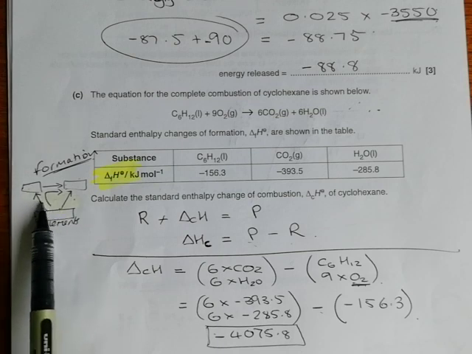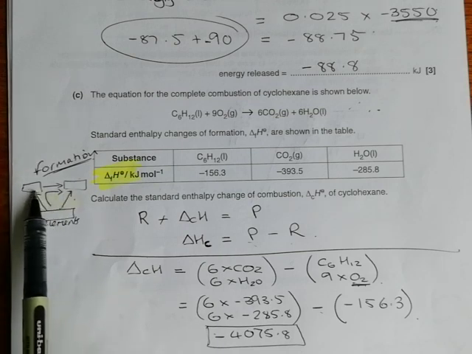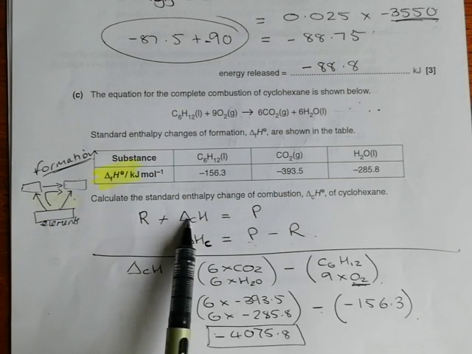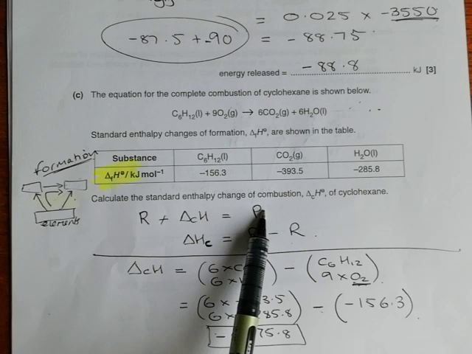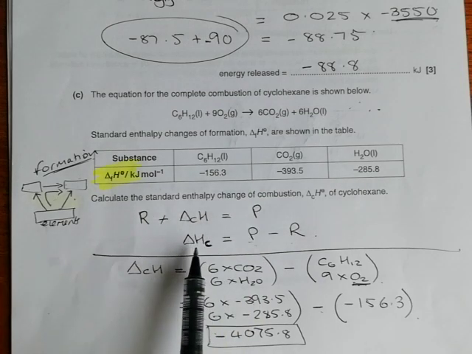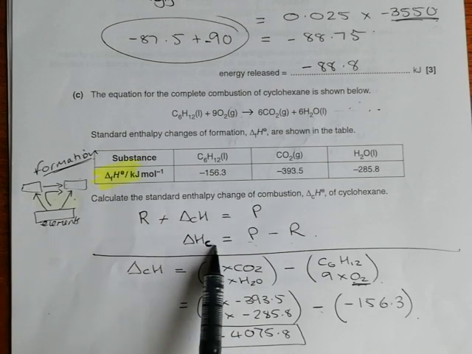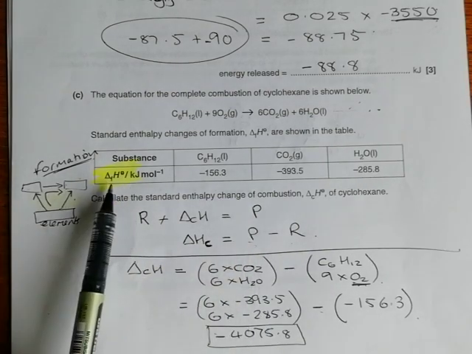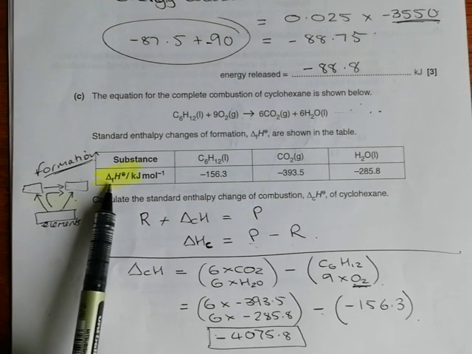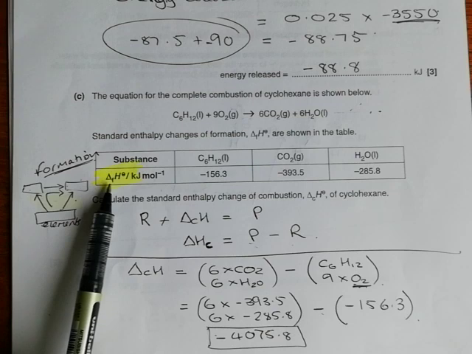So that means route 1 is your reactants plus enthalpy of combustion, and it equals route 2, which is your products values. And you can rearrange that to be that the enthalpy of combustion is the products minus the reactants. You can skip to this bit if you want, because you know you're working with formation, and if you remember, formation is always products minus reactants.